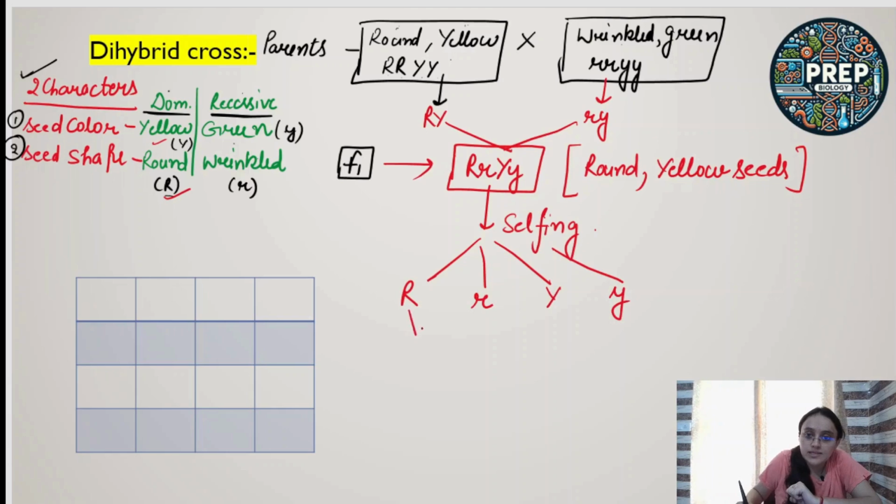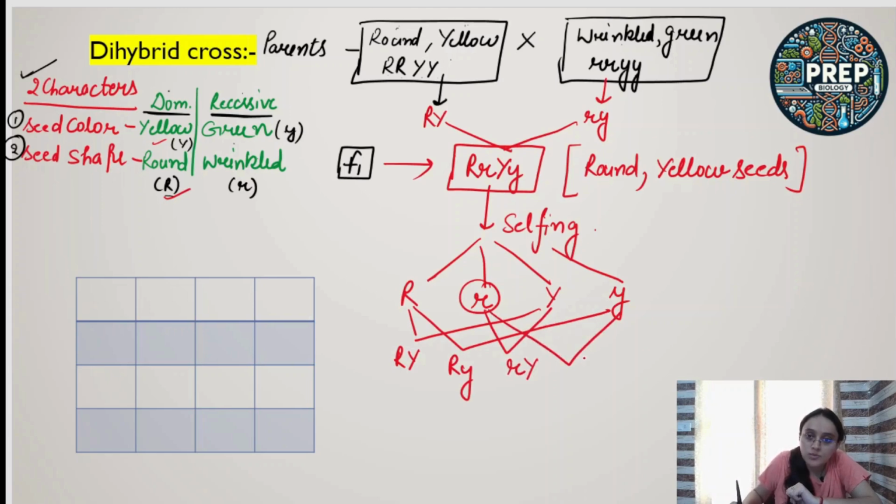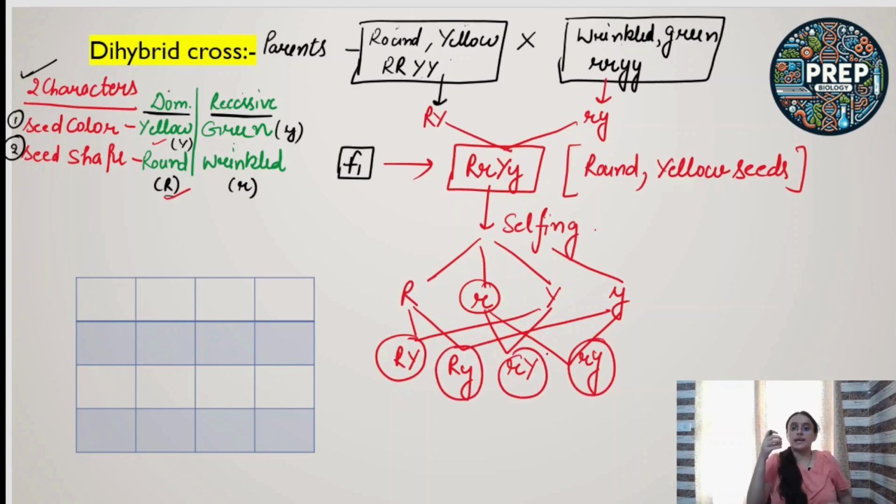Now fusion takes place: capital R, capital Y, capital R, small y, small r, capital Y, small r, small y. So after the segregation, they form this.